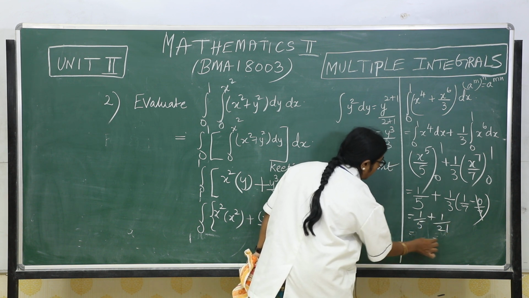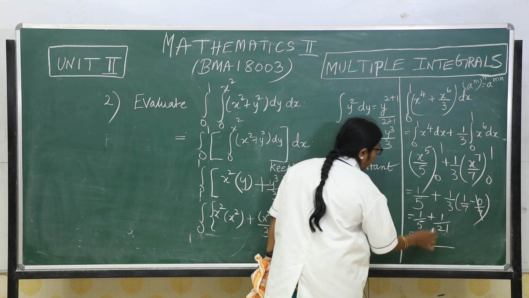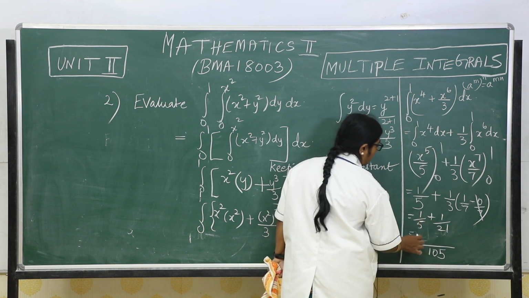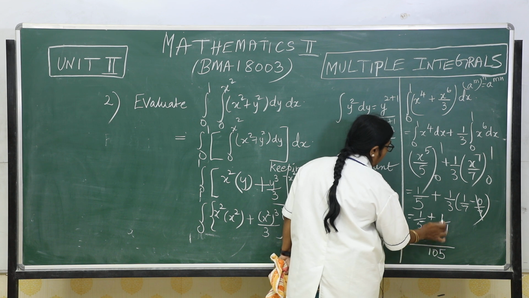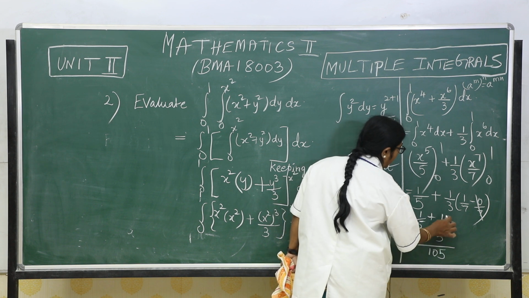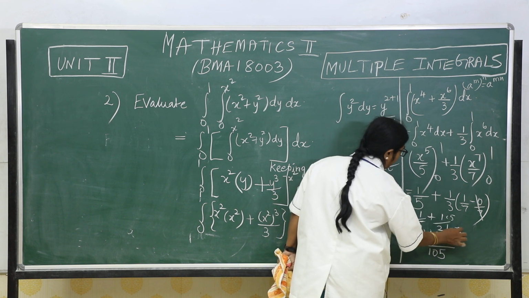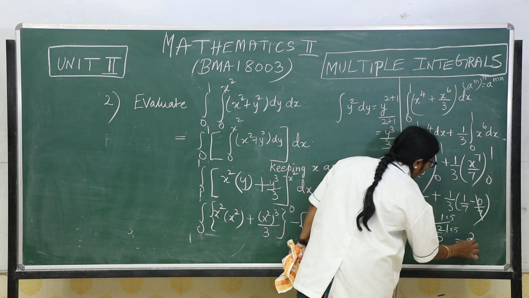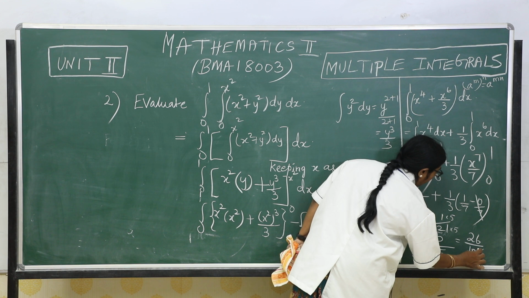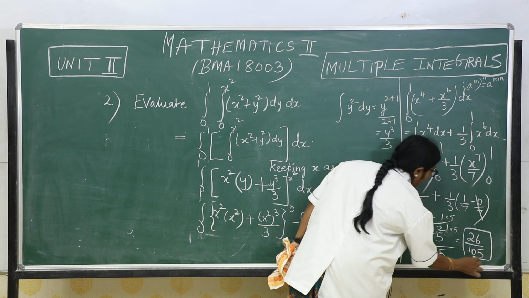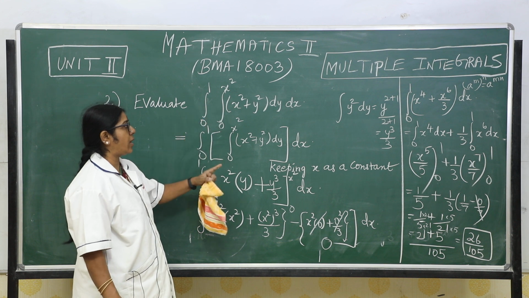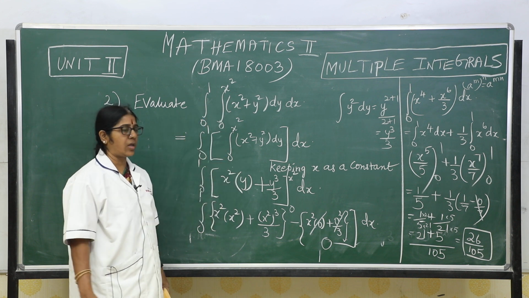Taking the LCM of 5 and 21, which is 105, this should be multiplied by 21 and this by 5, and therefore you get 26 by 105 as the evaluation of the double integral 0 to 1, 0 to x squared, x squared plus y squared dy dx.